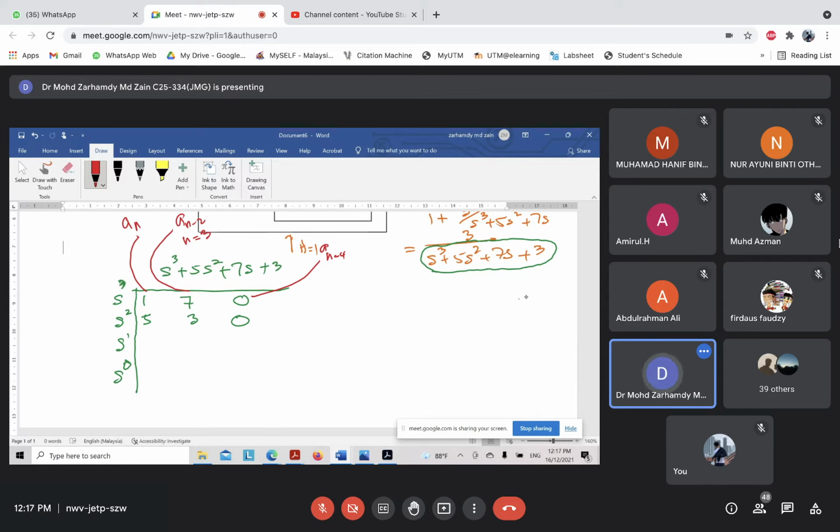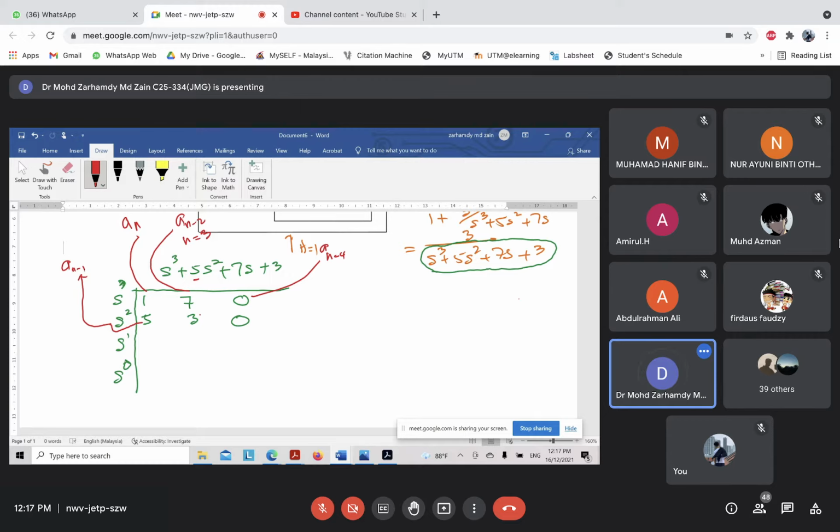So this second row, this 5 represents the coefficient of A_(n-1). Because of this, n 3 minus 1 is 2, so it means the coefficient of s to the power of 2.